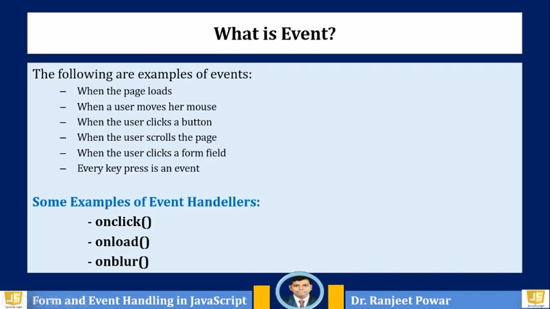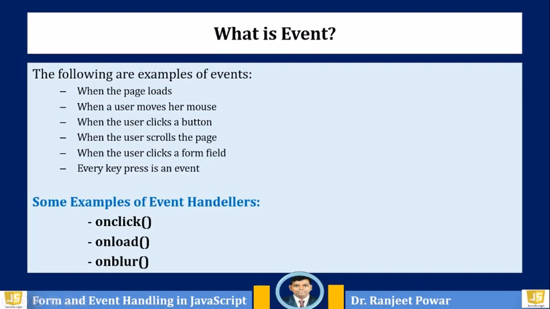By convention, the names of the event handlers always begin with the word on. So, an event handler for the click event is called onClick. Similarly, an event handler for the load event is called onload, and the event handler for the blur event is called onblur, and so on.